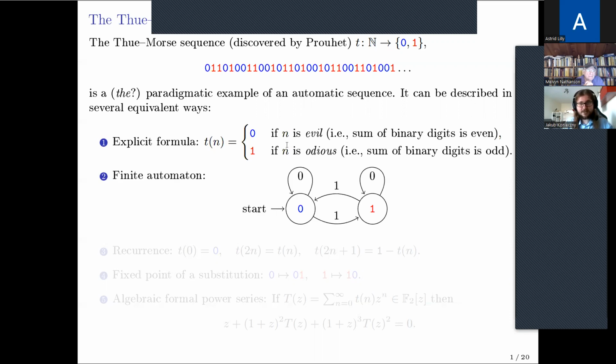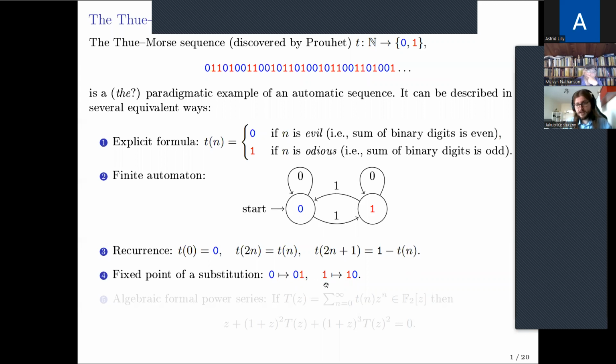Now, you can think of this sequence as being produced by a finite automaton. Here's an automaton. I'm going to define those properly on the next slide, but maybe you can already guess how it's supposed to work. You can define it by a simple recurrence relation, the one that's written over there. You can think of it as the fixed point of a substitution. So you start with 0 and you keep applying those rules, and in the limit you get the 2-Thue-Morse sequence.